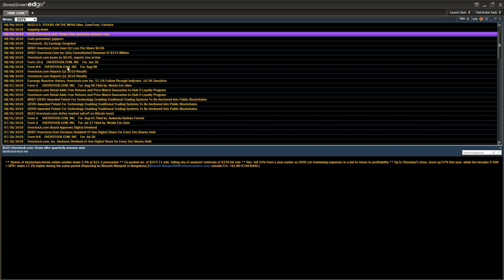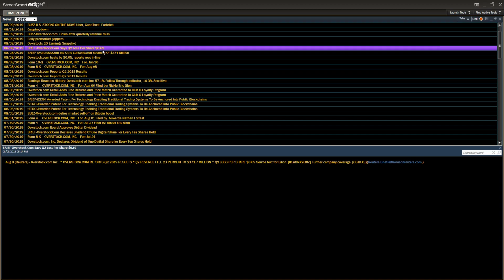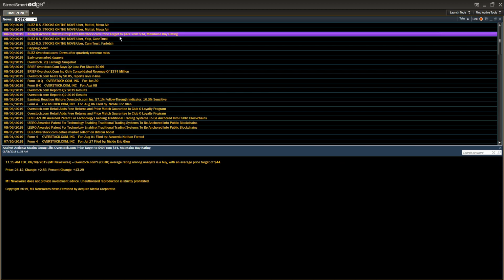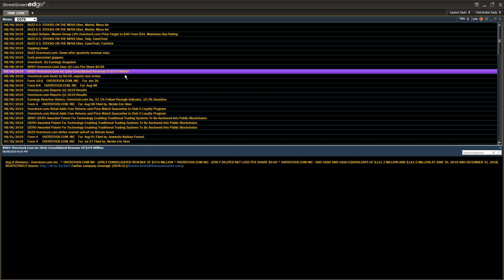And if we also look at the news that OSTK has recently come out with, they had a Q2 loss of 69 cents per share. And they also got their price target reduced from $40 to $34. But OSTK had a quarterly revenue of $374 million.